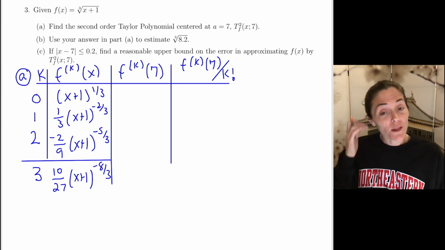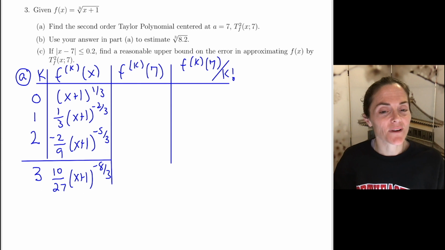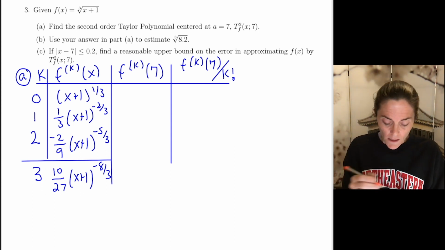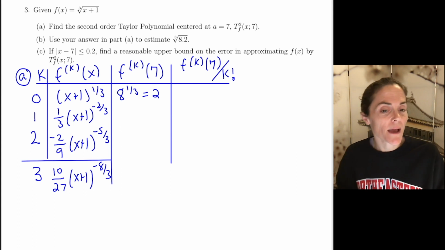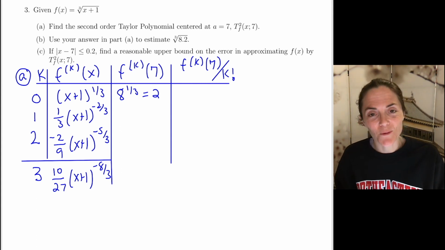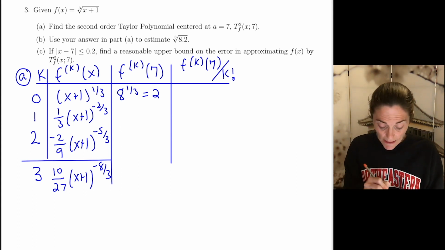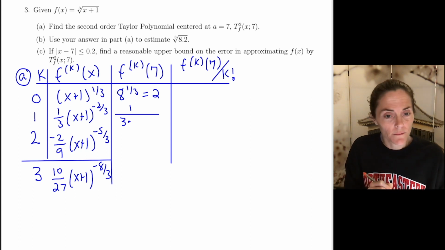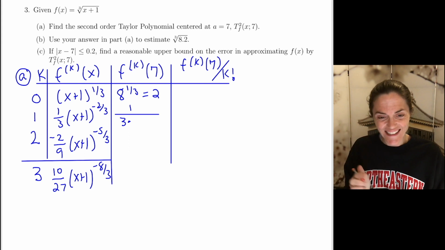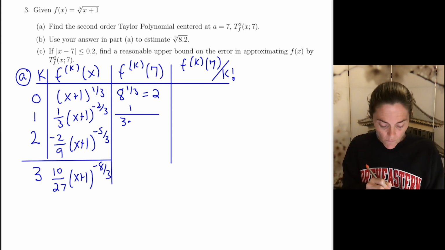But the polynomial will look very different because now I'm evaluating at a different center. I'm evaluating at 7. Here, you notice this is 8 to the 1/3, so this is 2. Now, every time I evaluate one of these, I have to remember 8 to the 1/3 is 2. Here, I have 1 over 3 times, well, I have a cube root and then squared, so this would be 3 times 4.